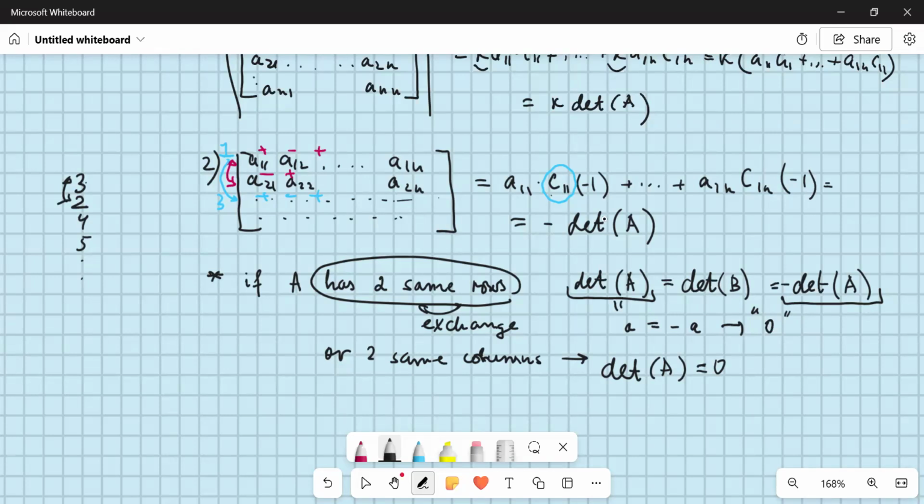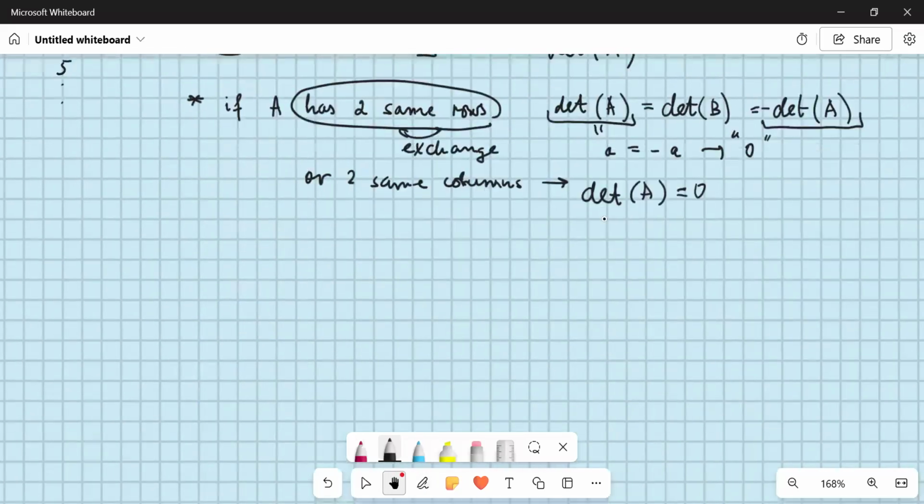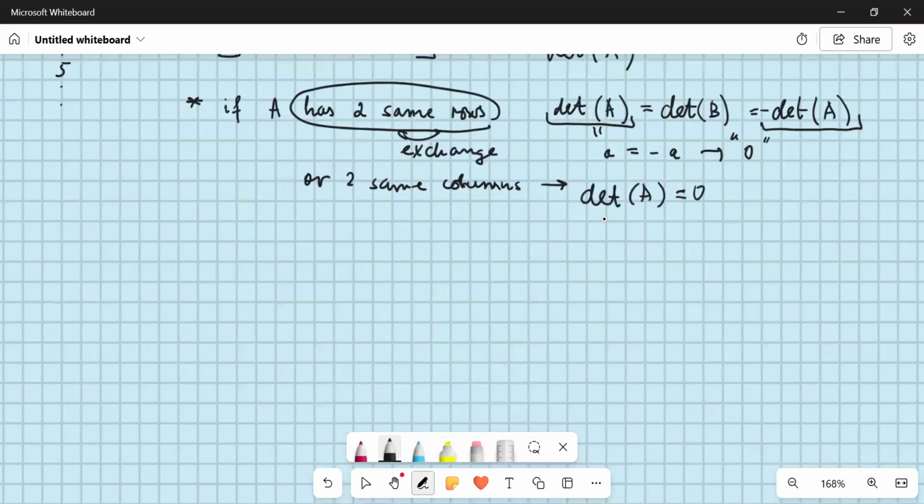Okay. And the last one is going to be longer. The last one is describing the operation of multiplying one row and adding it to another row. That's going to be a little bit longer, but the proof is very interesting and maybe you will like it, even though it's using a little trick. Okay, for proving the third one, you can multiply by any number, but I'm going to do the simplest operation. I'm going to take row number 1 and add row number 2.